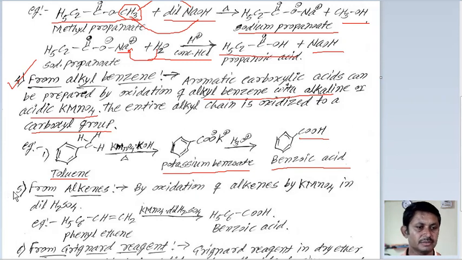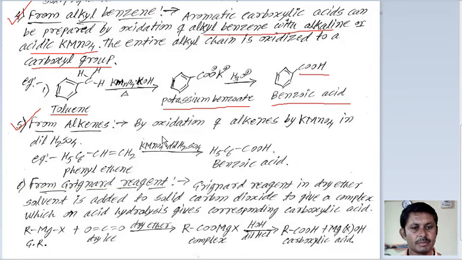The next method is from alkenes, by oxidation of alkenes by KMnO4 in dilute H2SO4. How is it formed? Carboxylic acid is formed from alkenes by oxidation with KMnO4 in H2SO4.